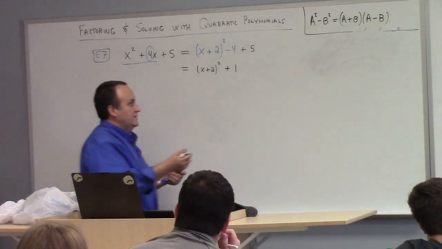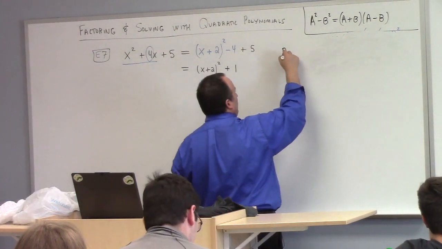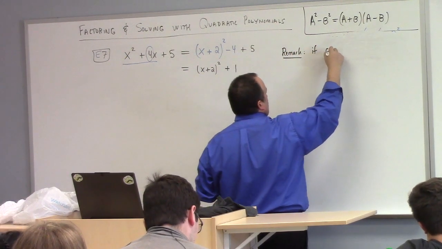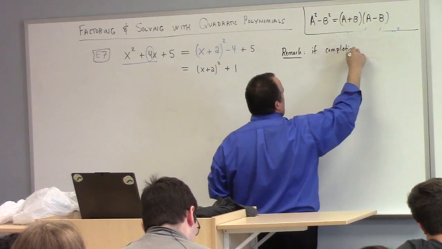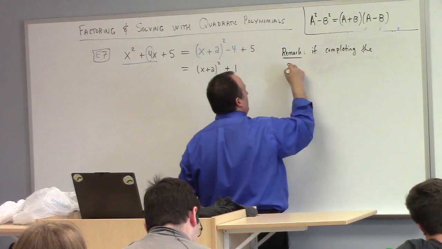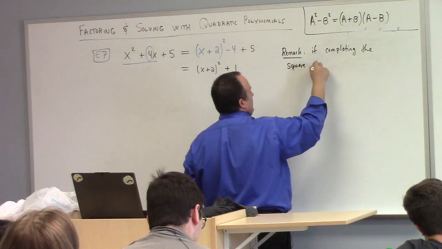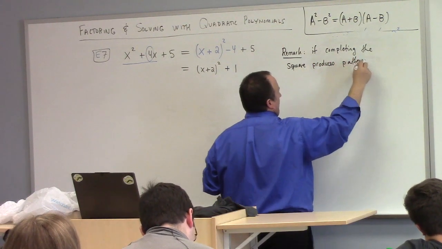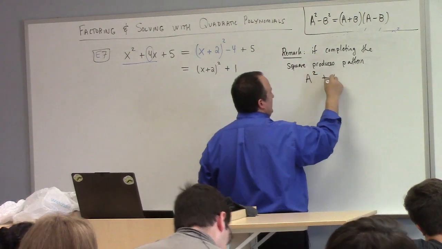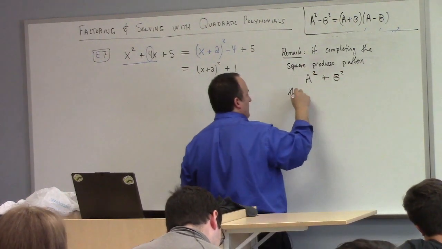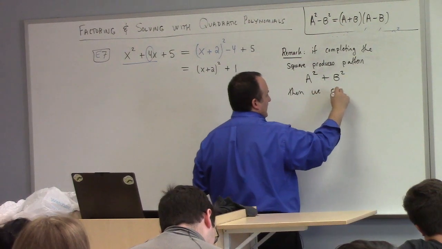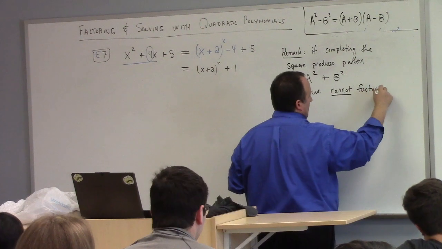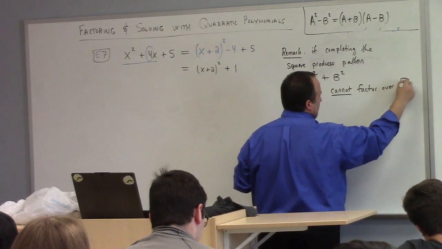So basically this is the remark I need to make for you. Remark: if completing the square produces the pattern a squared plus b squared, then we cannot factor over the real numbers.